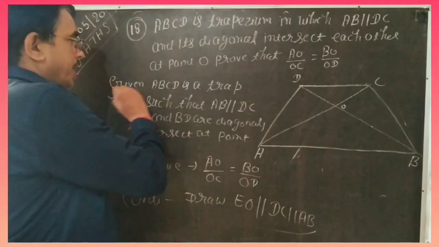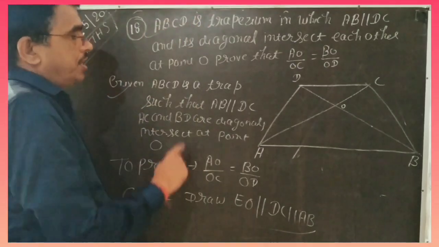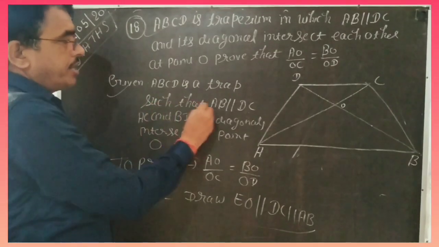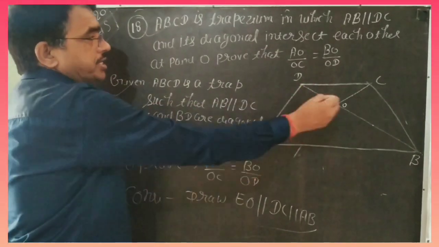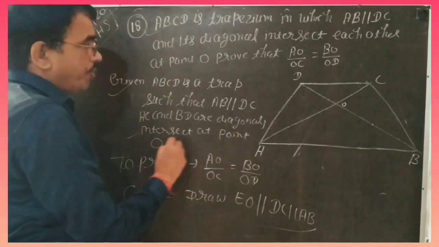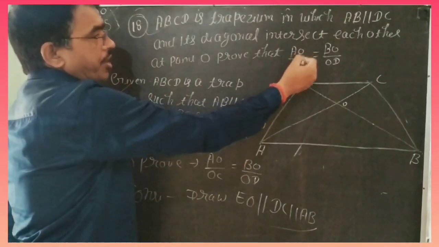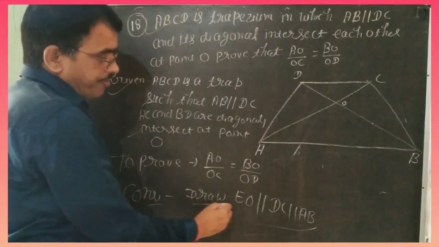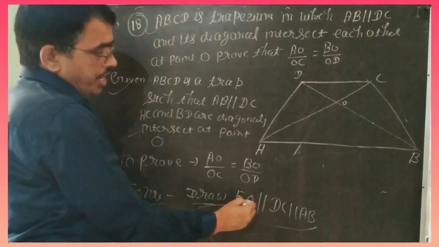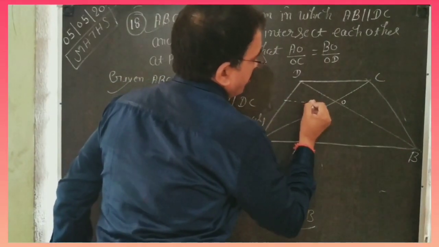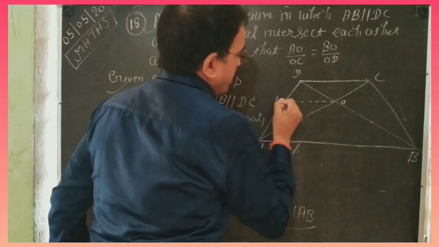So first, students, I write the given from your question: ABCD is a trapezium such that AB is parallel to DC, and AC and BD intersect at O. So this is your given. To prove: AO by OC is equal to BO by OD. Now the construction, you remember it. In this question, draw a line EO parallel to DC.